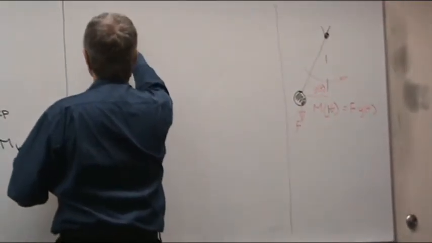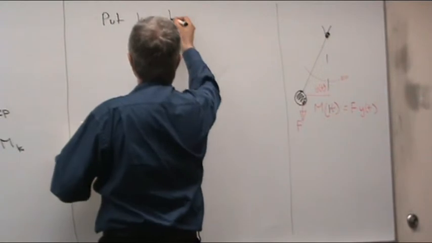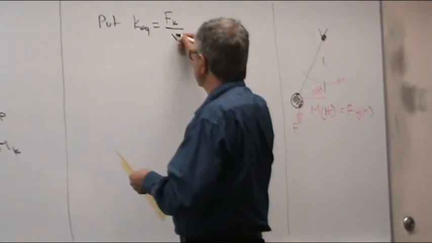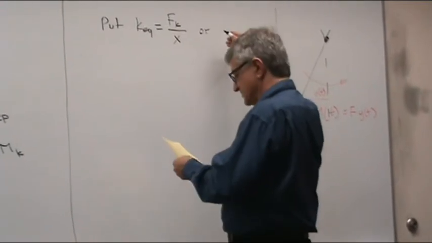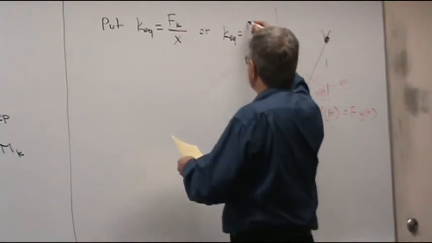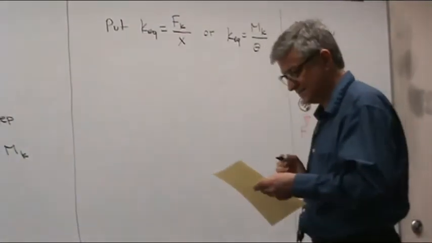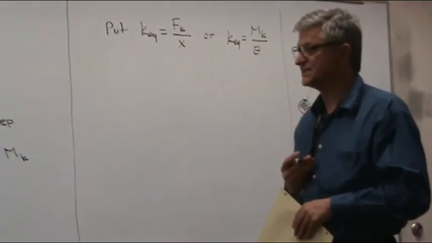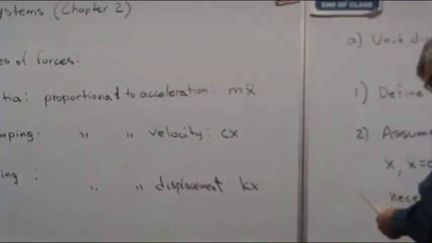So, put K equivalent equal to the force that is required to induce displacement x divided by x. Or if you work with rotation, then K equivalent is equal to the moment divided by the angle of rotation. So that gives you the first term that has to do with displacements, okay? So it gives you this part of the equation.